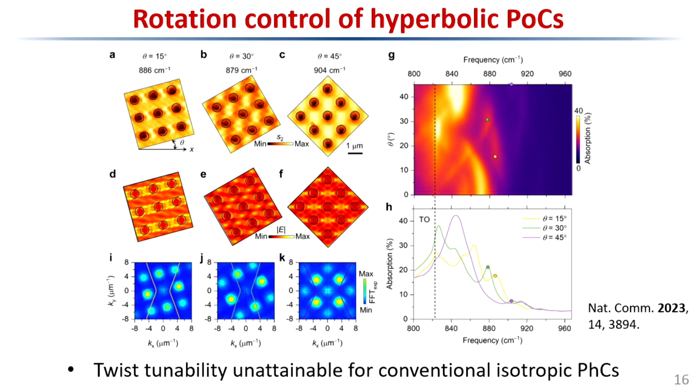This is an experiment and simulation matching quite well, and also the FFT directly from the experimental near-field images. So I think it's matching quite well, and it can be correlated with the far-field FTIR spectra, showing which peak can be assigned to which modes. Quite nice.